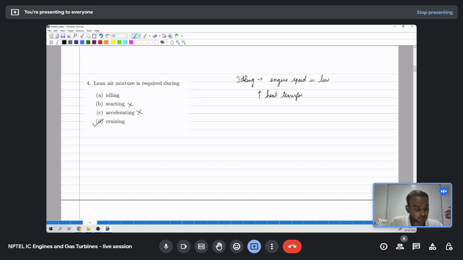So there will be high heat transfer during low speed operation, that is during idling.